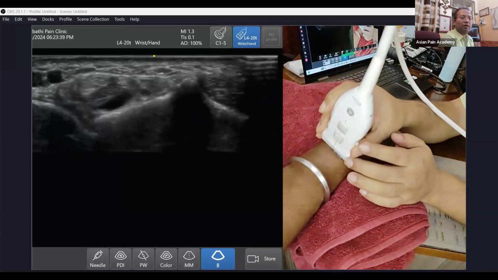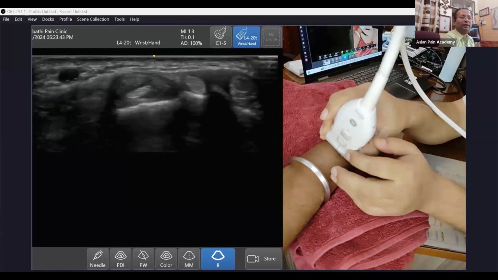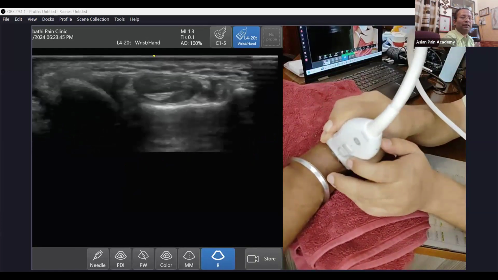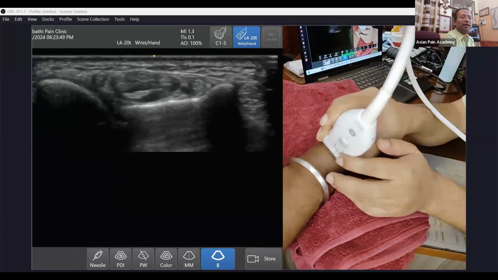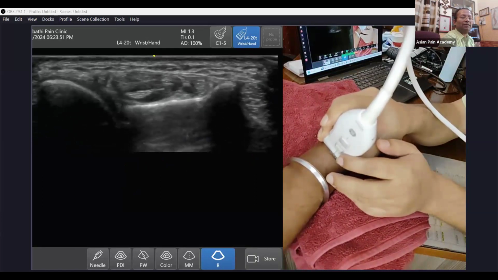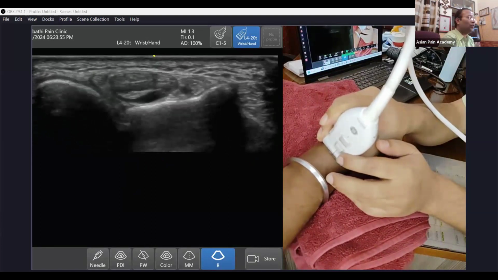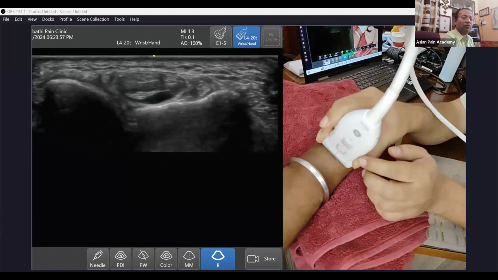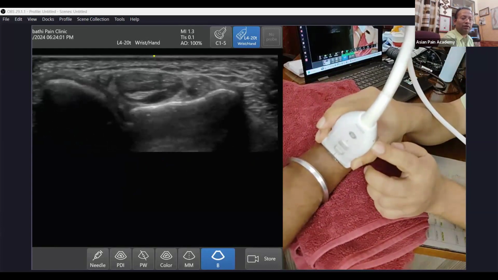Okay, so compartment number 4 and 5 already you have seen. So just under the yellow mark, it is the extensor indicis and extensor digitorum. There is a way how we can understand which is extensor digitorum and which is extensor indicis.